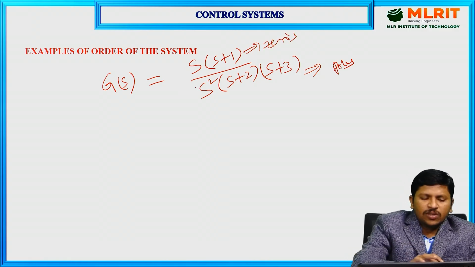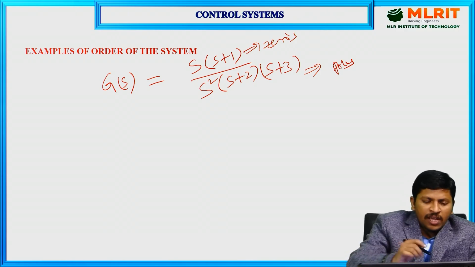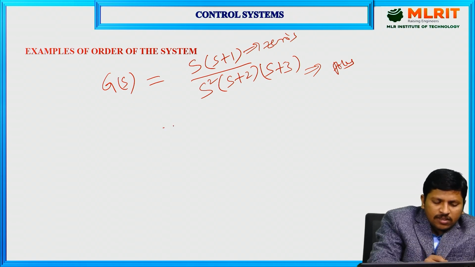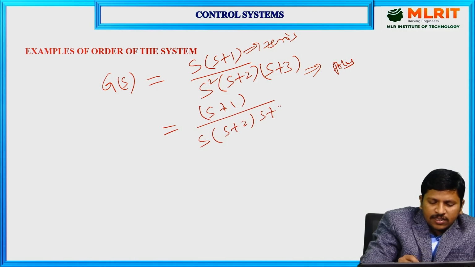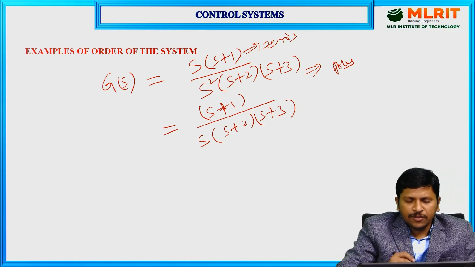If we have s into (s plus 1) by s square into (s plus 2), (s plus 3), for example, here s is there, s square is there. s and s square just cancel. Solving this, we get (s plus 1) divided by s into (s plus 2) and (s plus 3). How many poles are available from the given example?